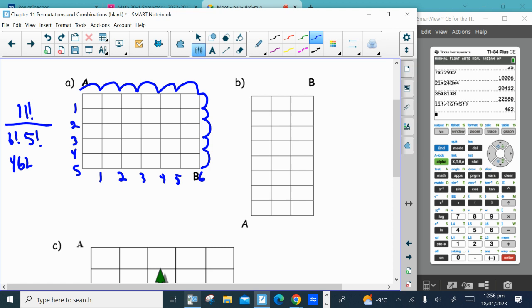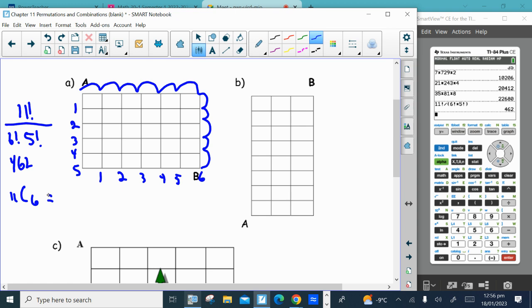You can also do it using combinations. And so using combinations, you could say that you're going a total of 11 blocks and you have to choose 6 blocks to go north to south. There are 6 blocks here that we counted. So you could say, well, I'm going to choose to go 6 blocks from 11.